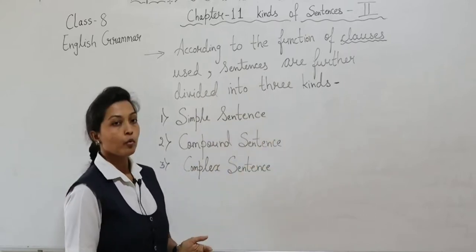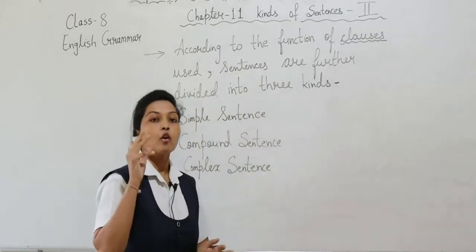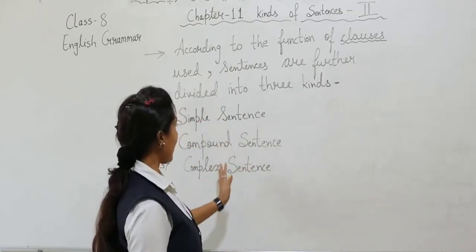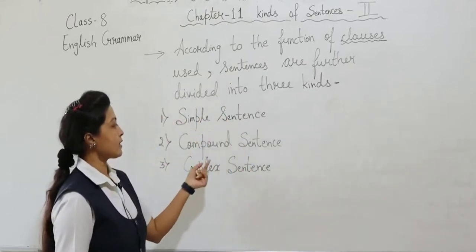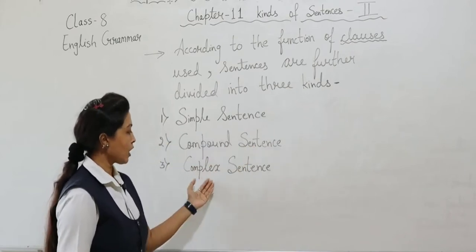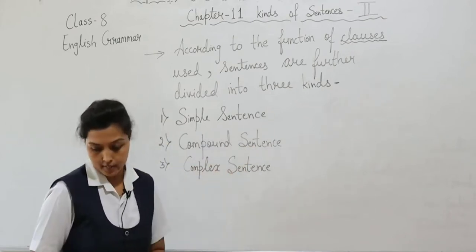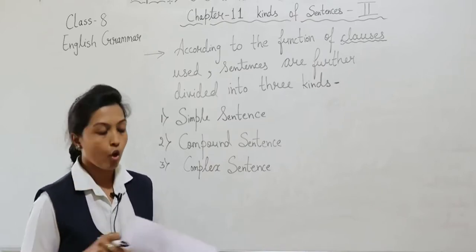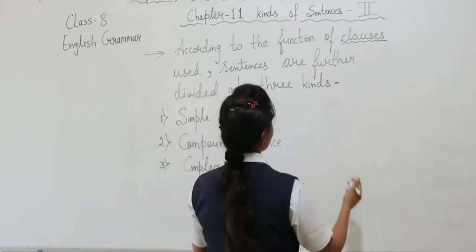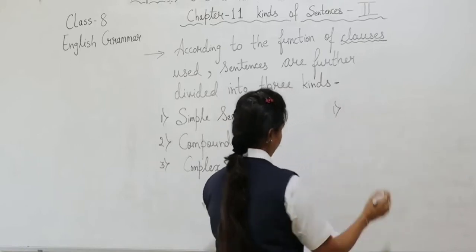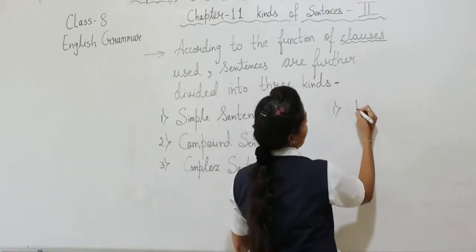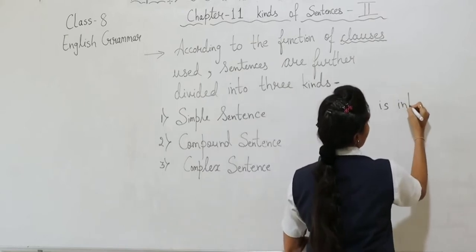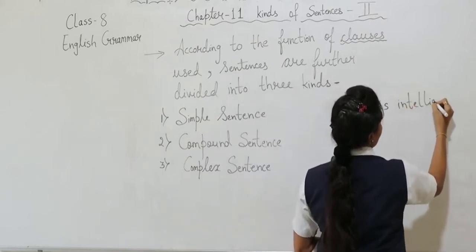So, according to the functions of clauses, sentences are divided into 3 kinds: simple sentence, compound sentence, complex sentence. Now, we take one example: he is intelligent.